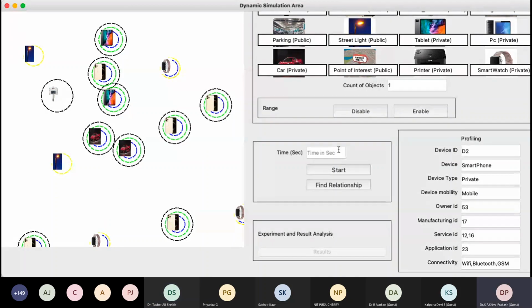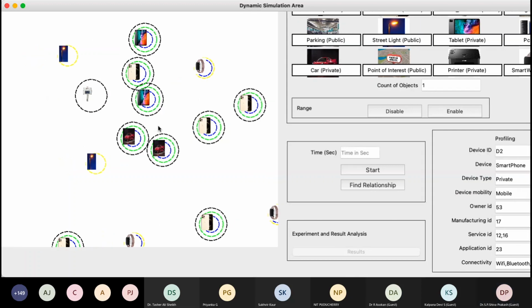We have created it in such a way that each device profile is available if you click on the device, and you get its details: the device ID, the smartphone. In this example, I selected mobile, so smartphone, it's private.